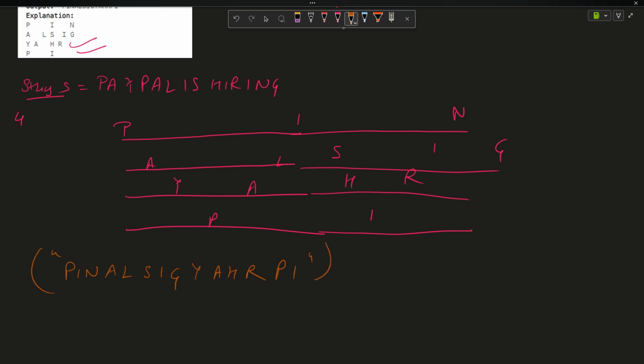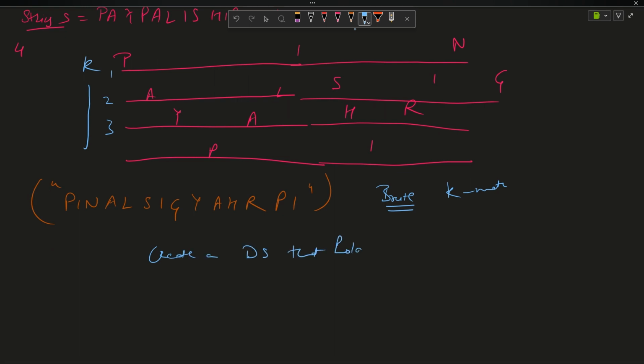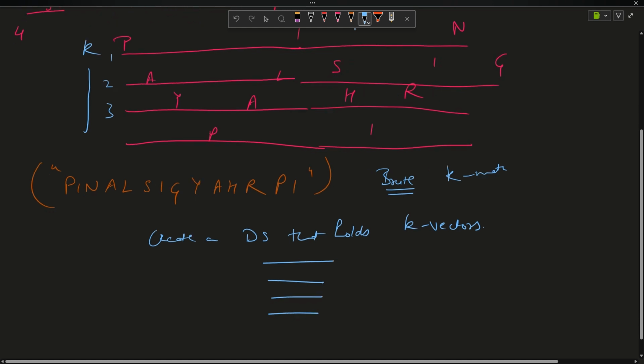Now, talking about the approaches, the first brute force approach that appears to my mind is, suppose you have been given k number of rows, 1, 2, 3, etc., k number of rows. Create a k matrix, as in create a data structure that holds k vectors: vector 1, vector 2, vector 3, vector 4, vector 5, etc. Start traversing.